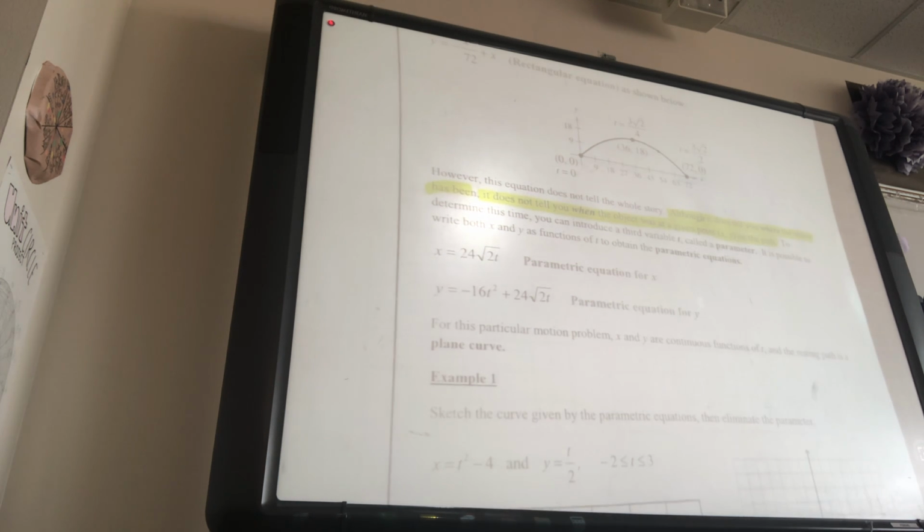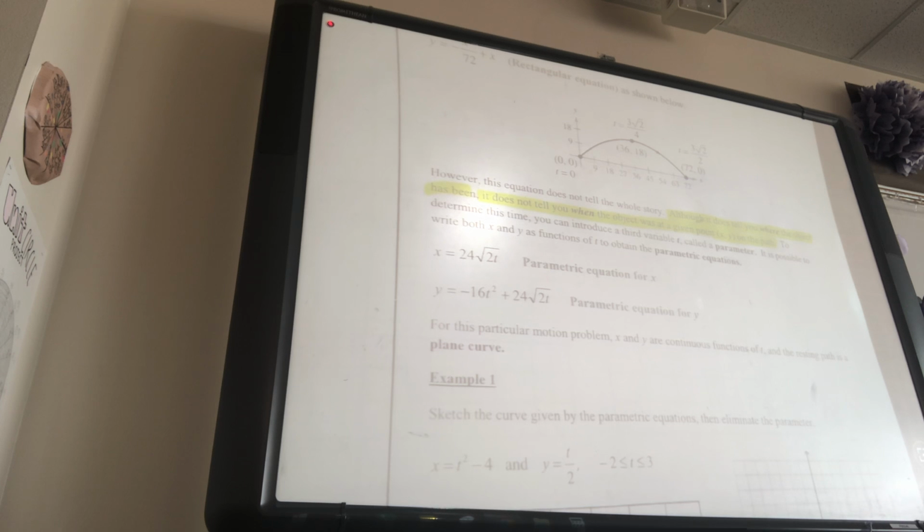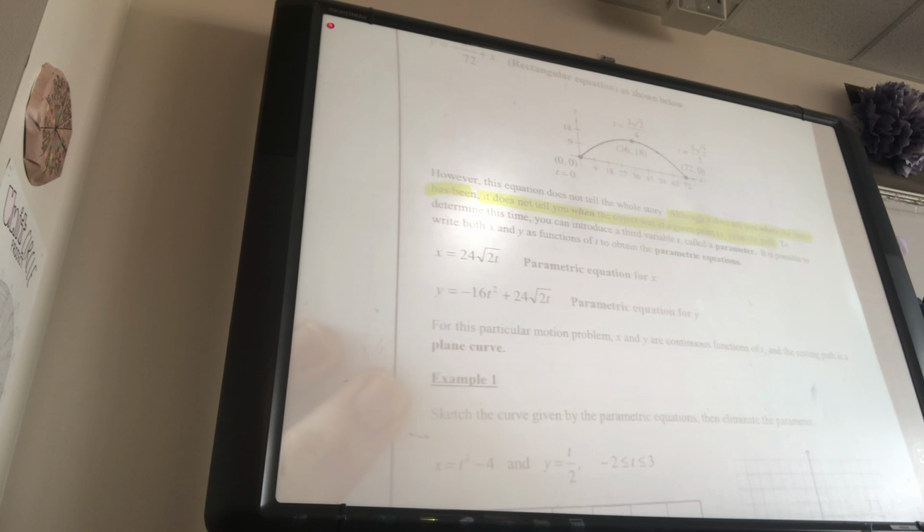Normal equations tell you where, but they don't tell you when. And sometimes that can be really important, okay? So in parametric equations, we add an actual parameter of time to track where it's been and when, okay? So I just wanted to put a little bit more explanation in there of why we use parametric equations.